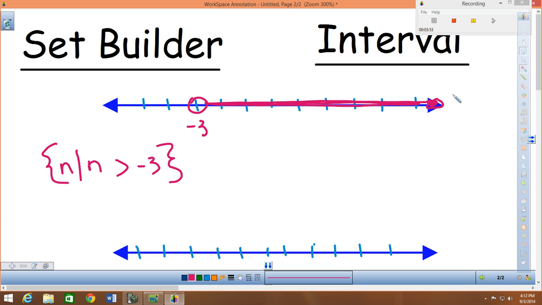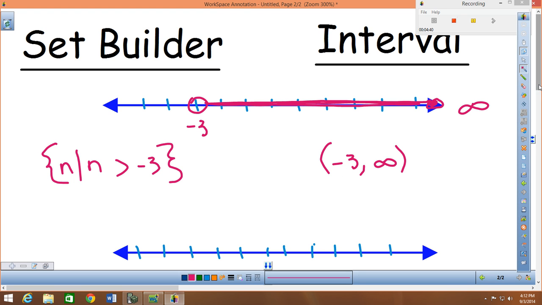So in this area right here, my least value is -3. Okay. It's an open circle, so I'm going to use a parentheses there. Now then, if this keeps on going and keeps on going, it's heading all the way to infinity. So the largest value here would be infinity, so I just put infinity right here. Okay? So this interval is from -3 all the way to infinity.